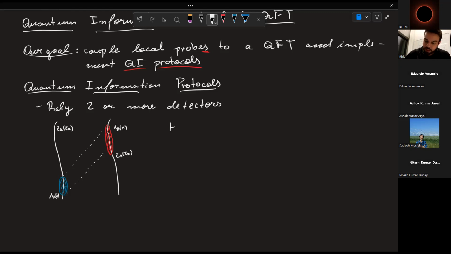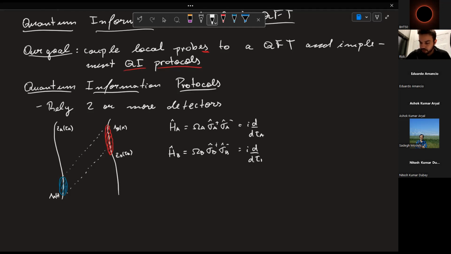Each one of these detectors will have their own Hamiltonian. We're going to restrict ourselves still to qubit detectors. We're going to talk a little bit about how to generalize this in the last lecture, but we're not going to go into details, because this is a good enough toy model so that most of the features of the theory will be present already in this case.